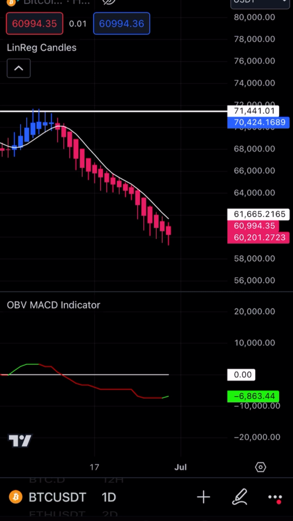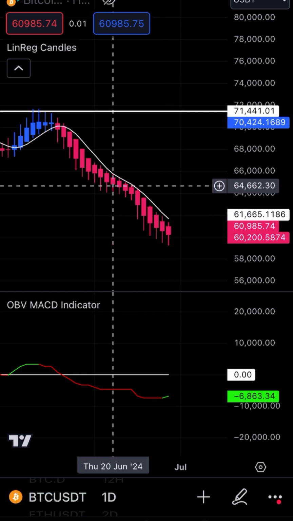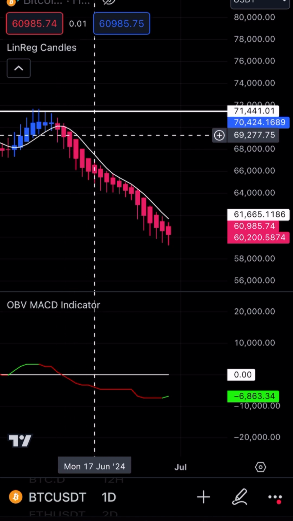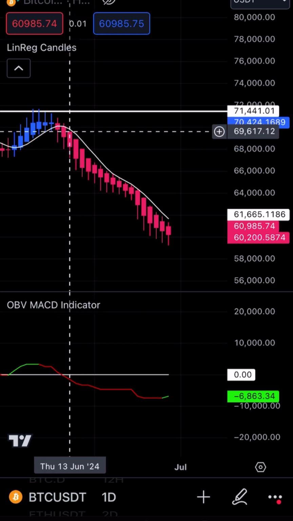So the formula here is really simple. You basically want to look at your MACD indicator here and see if it matches with the linear line on the day. So we're focusing on the day, and you need to check two different things.